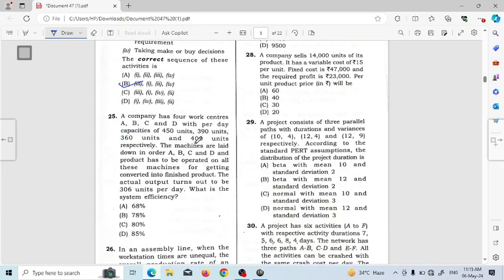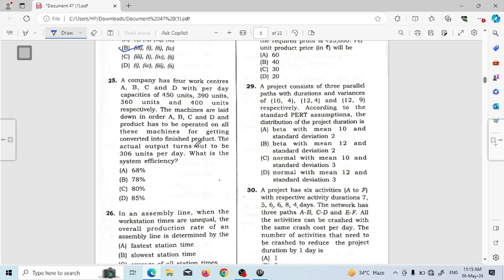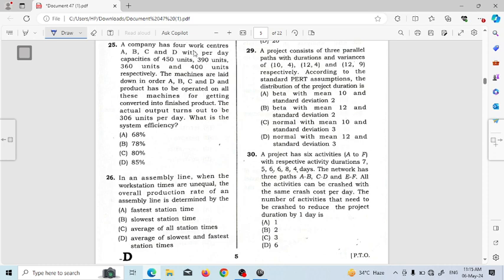Next, question number 25. A company has 4 work centers A, B, C, D with per day capacity 450, 390, 360 and 400 units respectively. The machines are laid down in order ABCD, and all the machines have to operate for getting converted to a finished product.